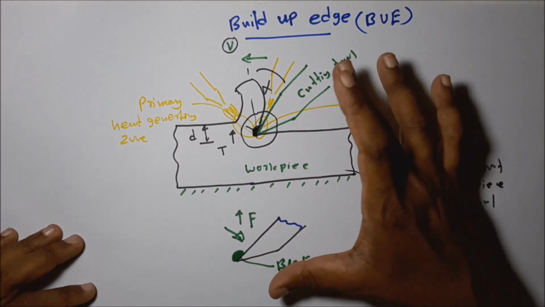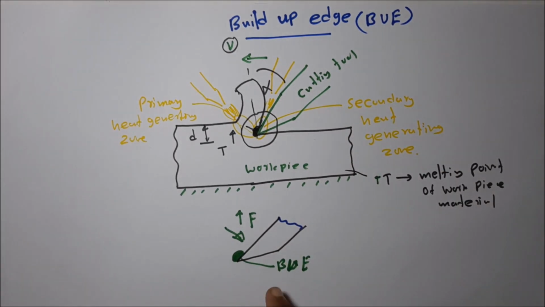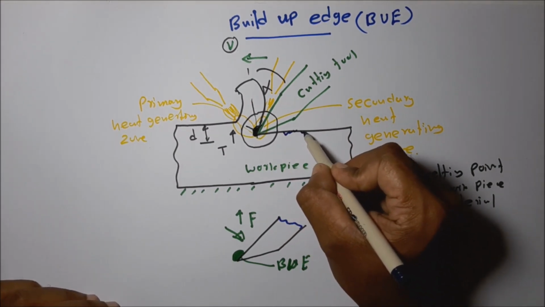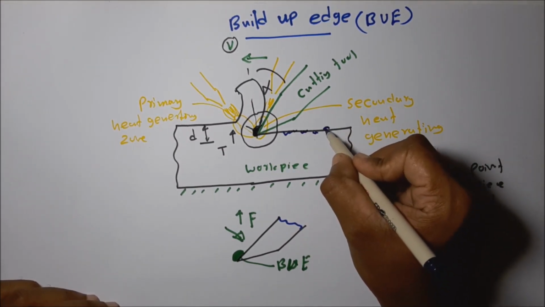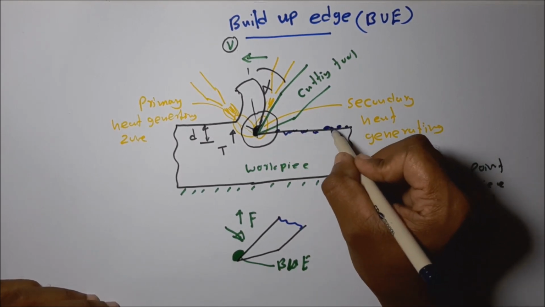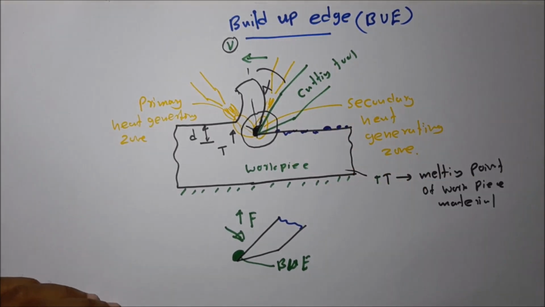So what is the disadvantage of the generation of built-up edge? It causes fracture and tool failure, and it also produces poor surface finish in metal cutting operation, because the tool tip becomes blunt. Metal deposits are also produced on the finished surface because of the built-up edge.